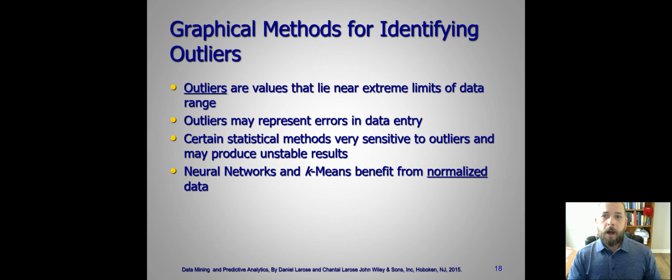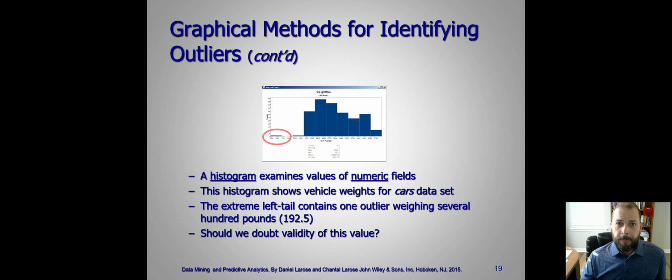There are a lot of different statistical methods that are sensitive to outliers and may produce unstable results. Things such as k-means and neural networks are often very sensitive to outliers and therefore can become unstable. So we need to make sure that we're handling those in very systematic ways, and we'll talk about normalizing data in just a bit.